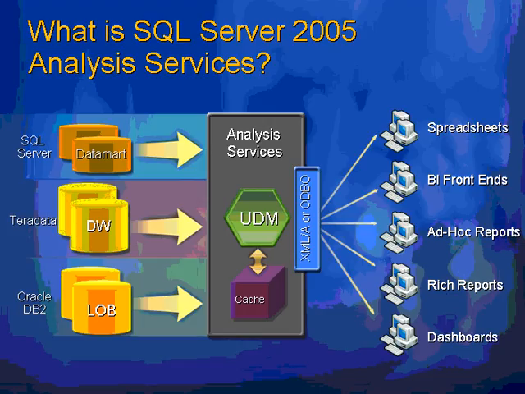And that bridge is the UDM, or the Unified Dimensional Model. What it does is hide from the end users and these front-end tools all of the details about the data source, and it exposes a very user-friendly model, which is the dimensional model, to the users.